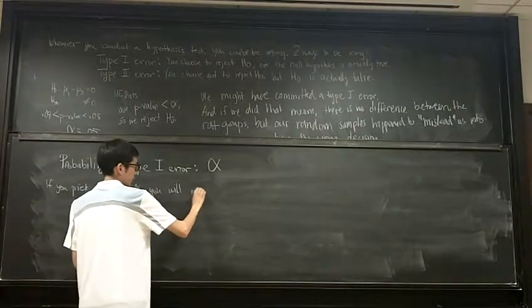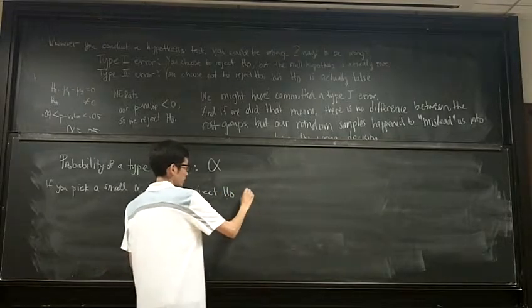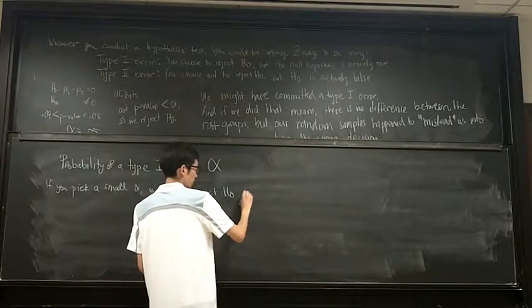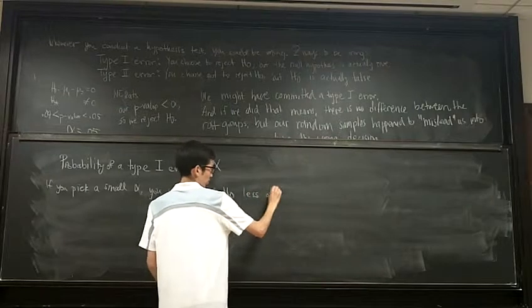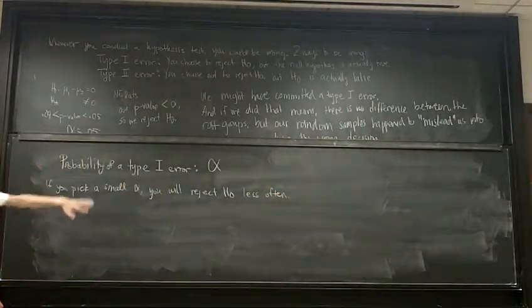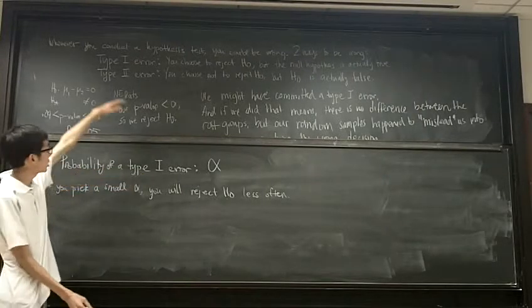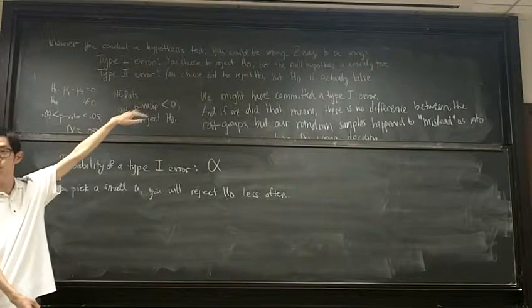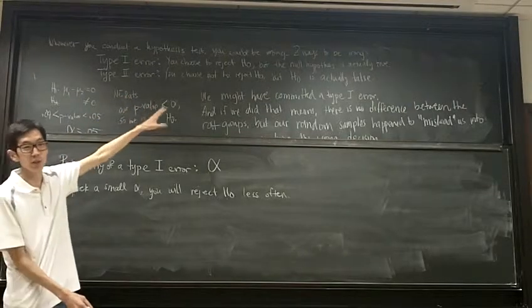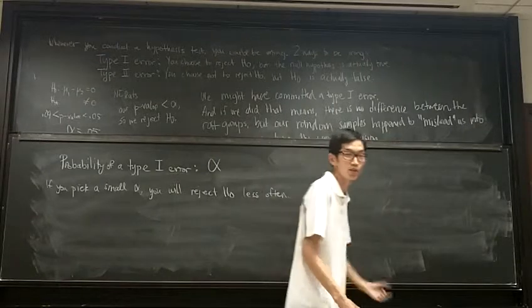So if you pick a small alpha, you will reject the null hypothesis less often. Okay? And because you're rejecting the null hypothesis less often, you are increasing your risk of a type 2 error, which is when you didn't reject the null, but you should have.